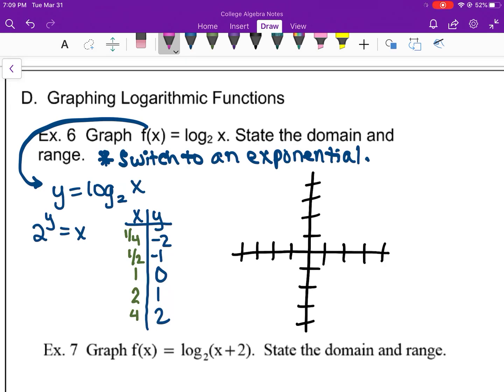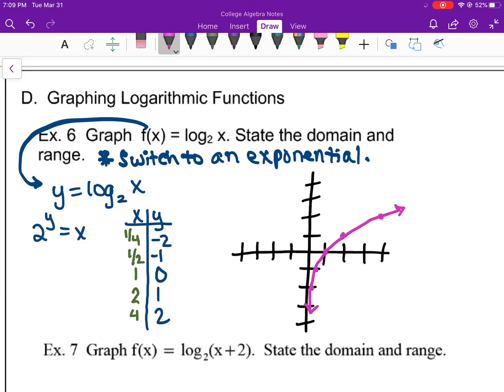So 1/4, negative 2; 1/2, negative 1; 1, 0; 2, 1; 4, 2. And there's my graph. It is the inverse of y equals 2 to the x.